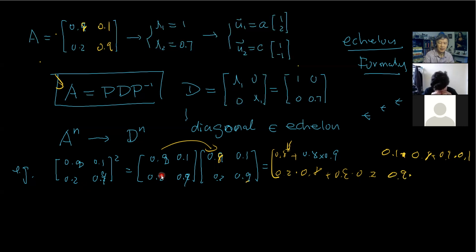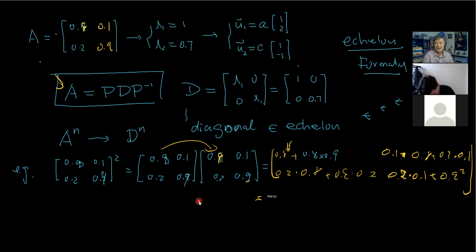Can you see? You multiply this number first. 0.2 multiplied by 0.1. This has nothing to do with 0.9. So can we rewrite this part? Yeah, 0.2, that's right, and plus 0.9 squared.